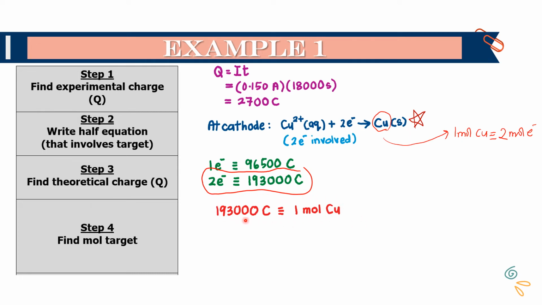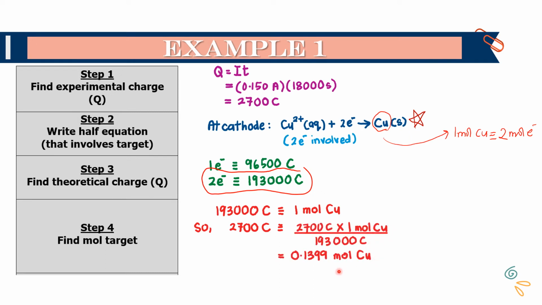Yang dibekalkan kepada kita experimentally is 2,700 coulomb of charge. So kita tulis dekat sini. So for 2,700 coulomb of charge, berapa mole of copper yang akan dihasilkan? So awak buatlah stoichiometry and you will get the number of mole is 0.1399 mole of copper.